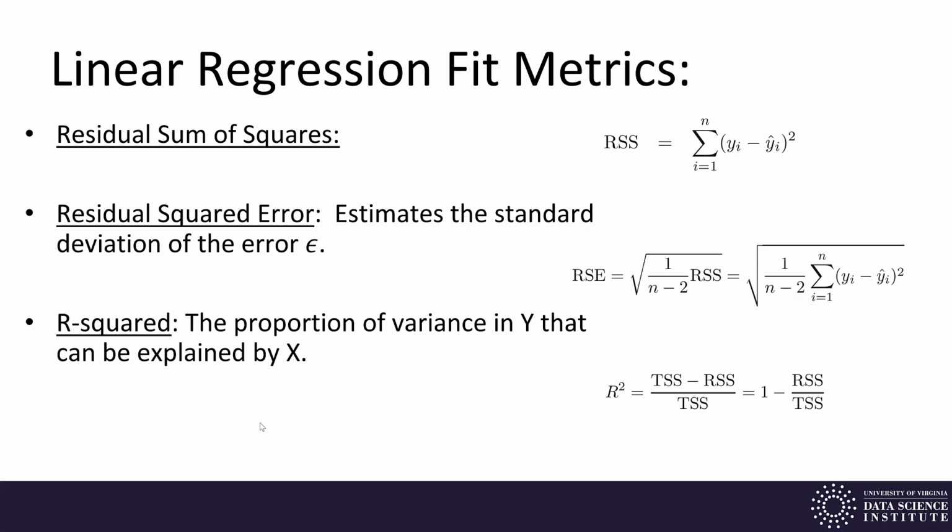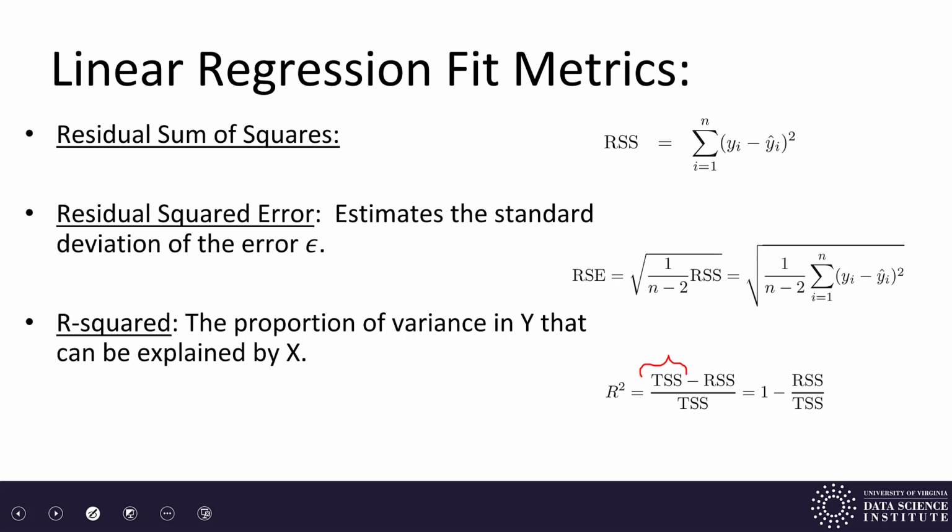The third method for measuring the goodness of fit of our linear regression model is called R-squared, and it's the proportion of variance in Y that can be explained by our input variables X. And so we can look at the formula that's on the right-hand side here to help us understand this. So here's TSS, which stands for total sum of squares.